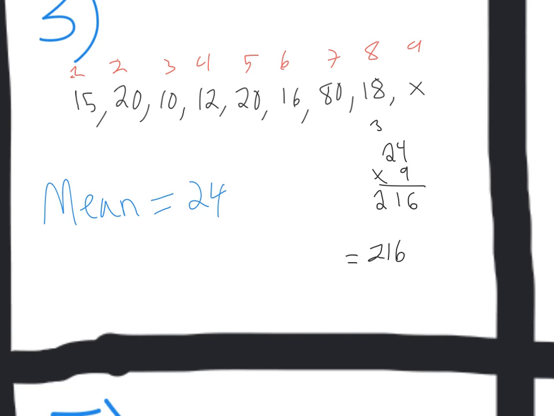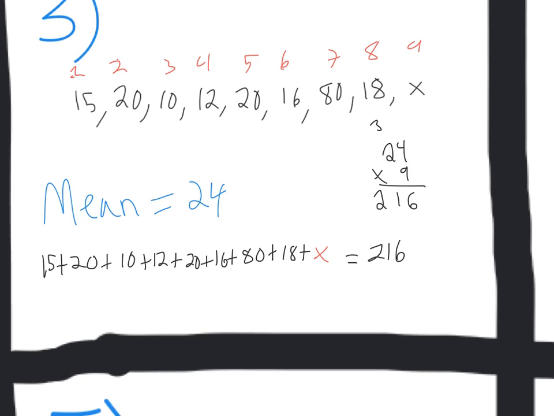So here we would have to do 15 plus 20 plus 10 plus 12 plus 20 plus 16 plus 80 plus 18 plus that mystery number x. And all of that would have to add up to 216. So this becomes kind of an addition equation.